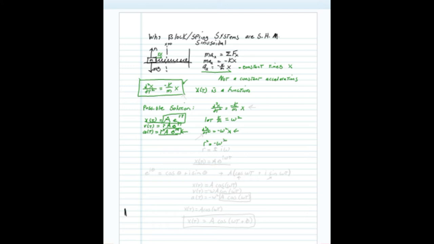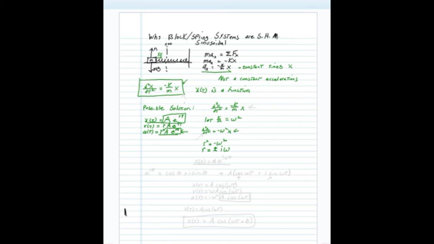Okay, so if we take the square root of both sides, what we're going to end up with is that r equals plus or minus i omega, i being the imaginary number. All right, so if we do square that, we'll get i squared omega squared, which would be negative omega squared, because i squared is negative 1.